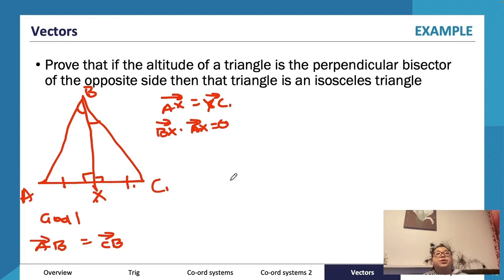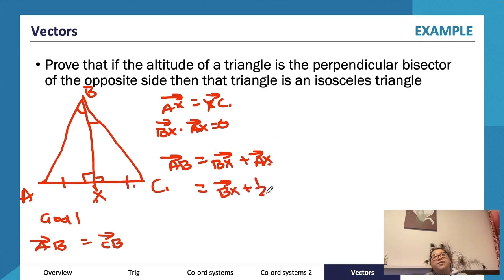Okay, cool. In order to get to AB, we can try to find BX plus AX. And we know that our AX is just going to be half AC. So we're going to get BX plus a half AC. And then we want to find out what our BC is.